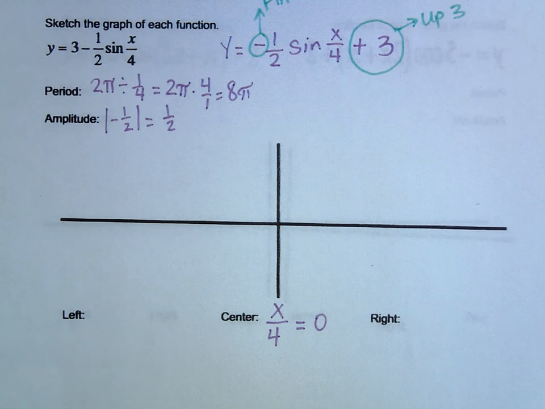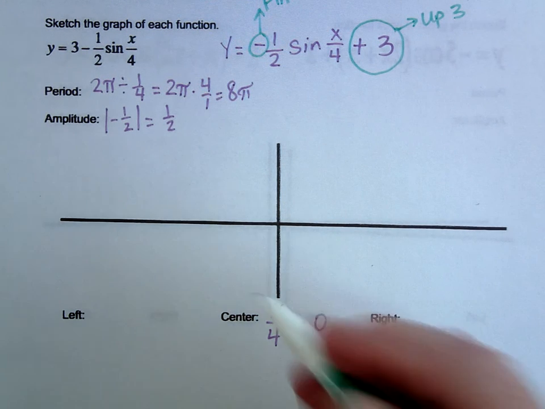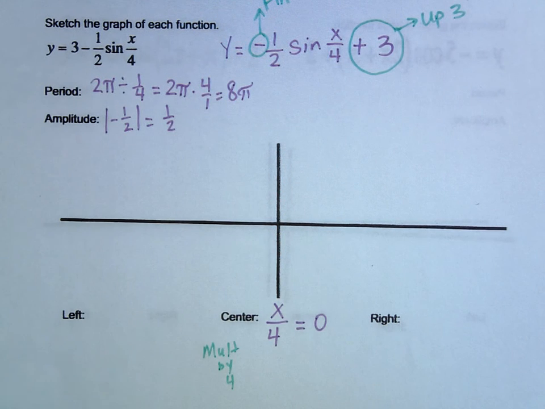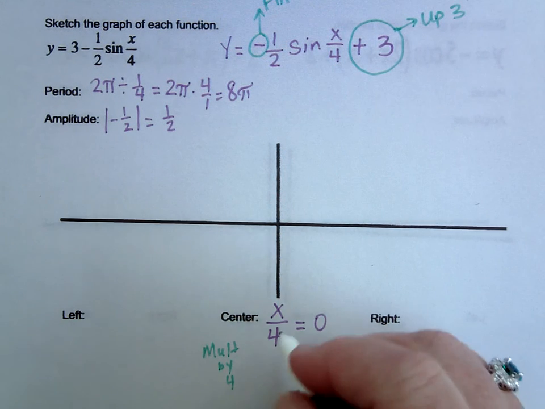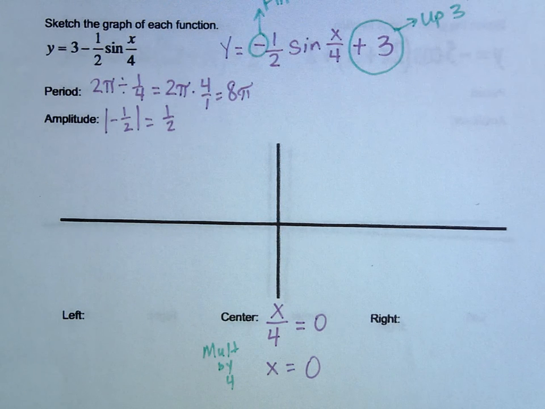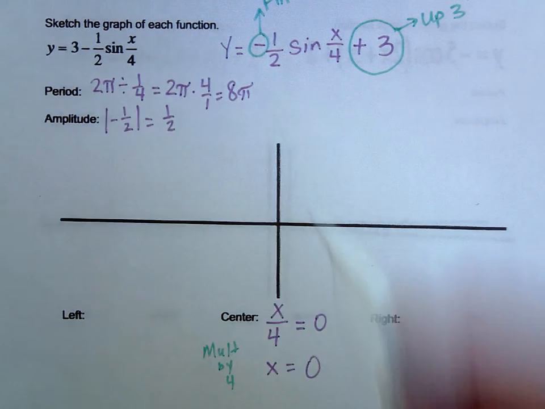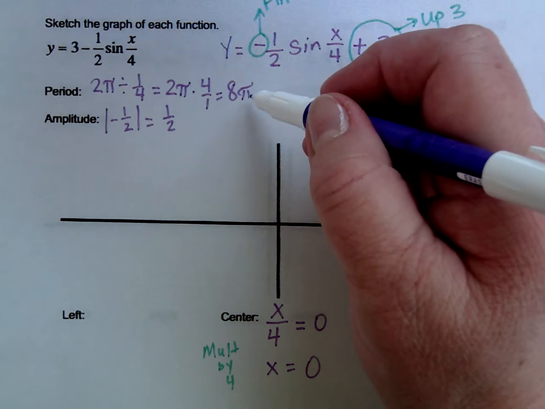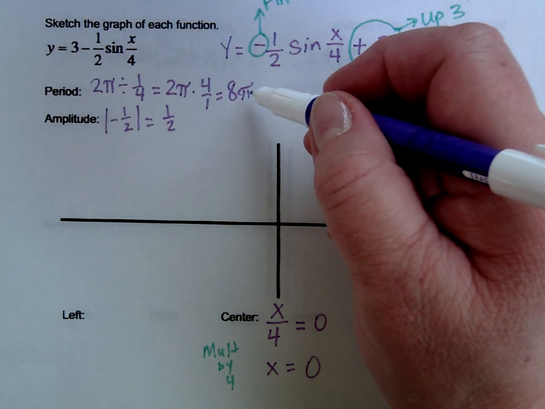I can use my trick that we talked about, multiply both sides by 4. That means I'll have x over 4 times 4 is just an x, 0 times 4 is 0. Now, if I use the trick, and I go back to my period here, if I'm at 0 and I go left by 8 pi, where will that put me?